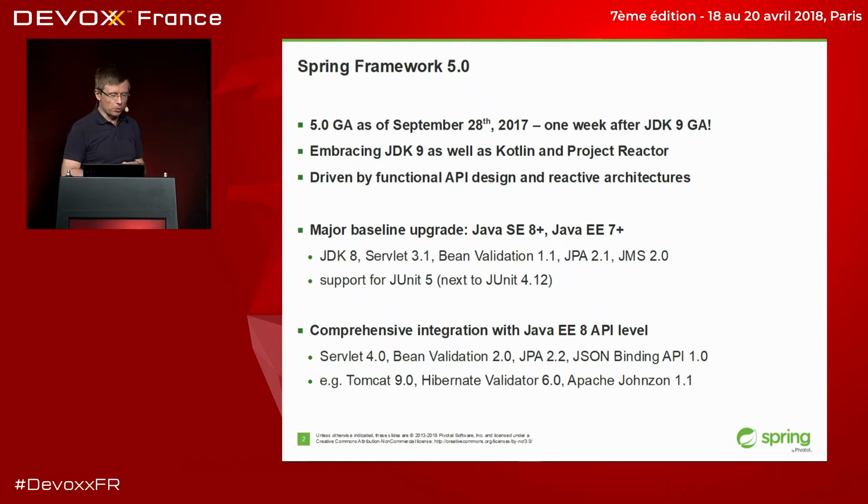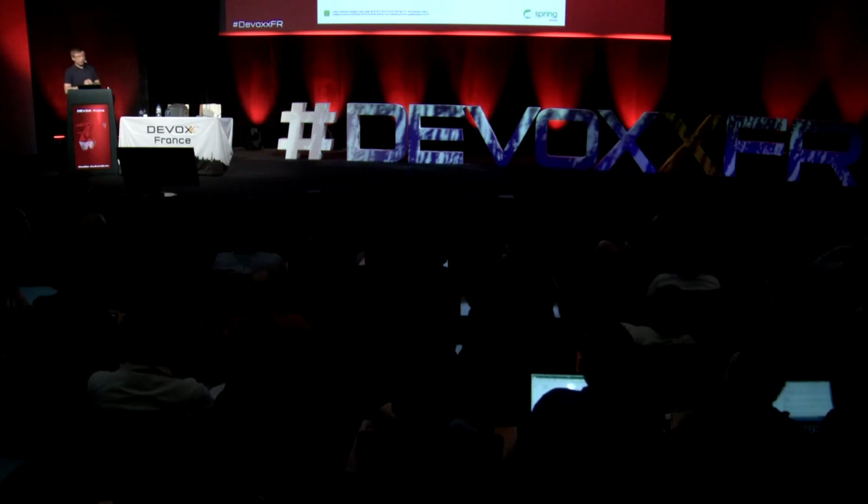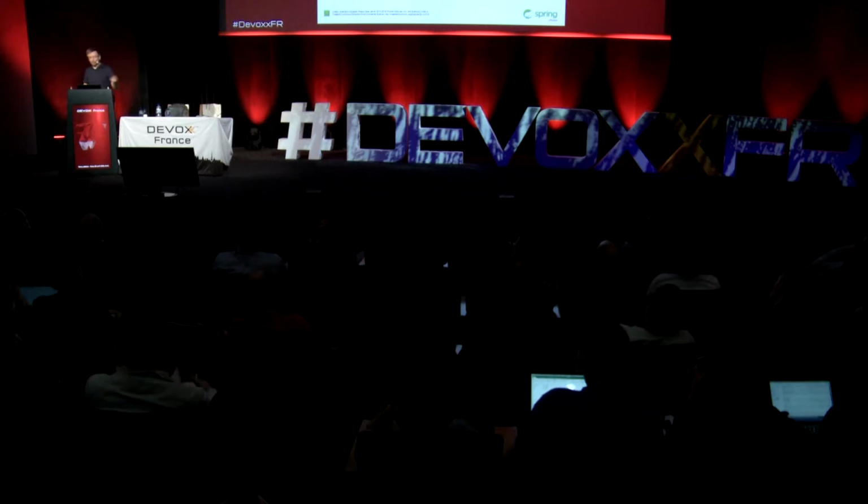So there is some quite specific support if you choose to run on, say, Tomcat 9 or, with JPA 2.2, Hibernate 5.3, which is not actually final yet. But if you choose to run on them, then Spring automatically adapts. Otherwise, of course, you can run on any Servlet 3.1 container, JPA 2.1 persistence provider. That is the common baseline now, the Java EE 7 level.